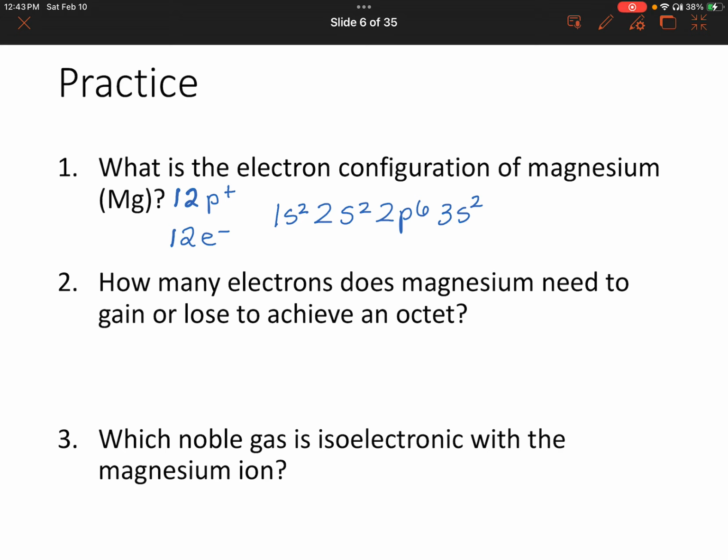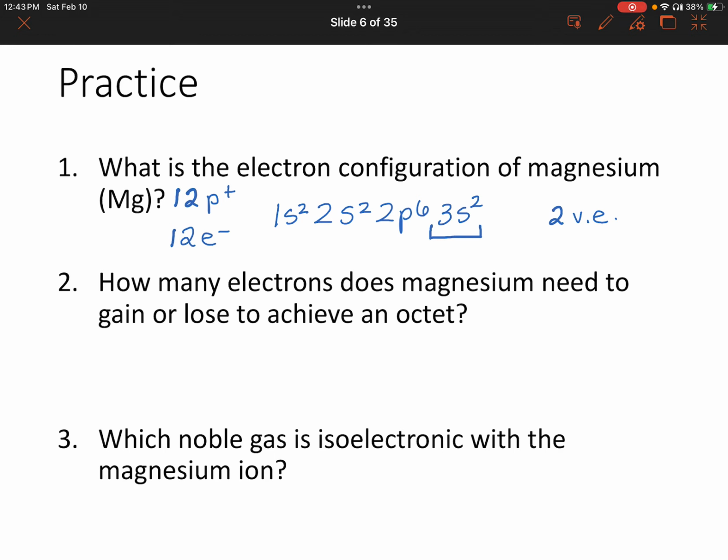Okay, so how many electrons would magnesium need to gain or lose to achieve an octet? Now, typically, we're going to gain or lose valence electrons. So if we look at magnesium's electron configuration, its valence electrons are in the highest energy level, which is 3 in this case. So magnesium has 2 valence electrons, and it wants to have 8.